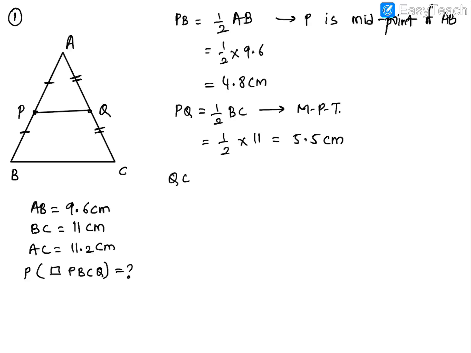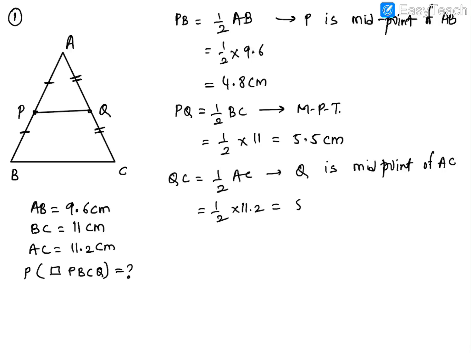Now QC. QC is equal to what? Half of AC. Again, why? Because Q is the midpoint of AC. So half of 11.2, which is equal to 5.6 centimeter.